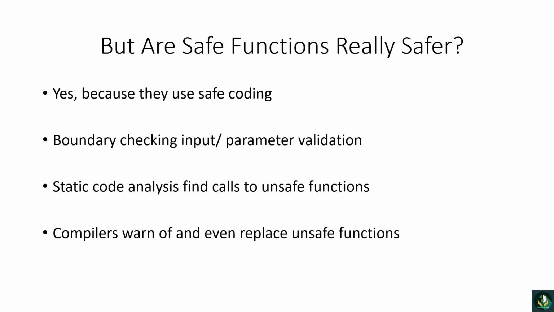Mostly yes, because nowadays developers use safe coding, boundary checking of input or parameters, and parameter validation. Static code analysis finds calls to unsafe functions, and compilers warn of and even replace unsafe functions so that they are safe to use and compile.